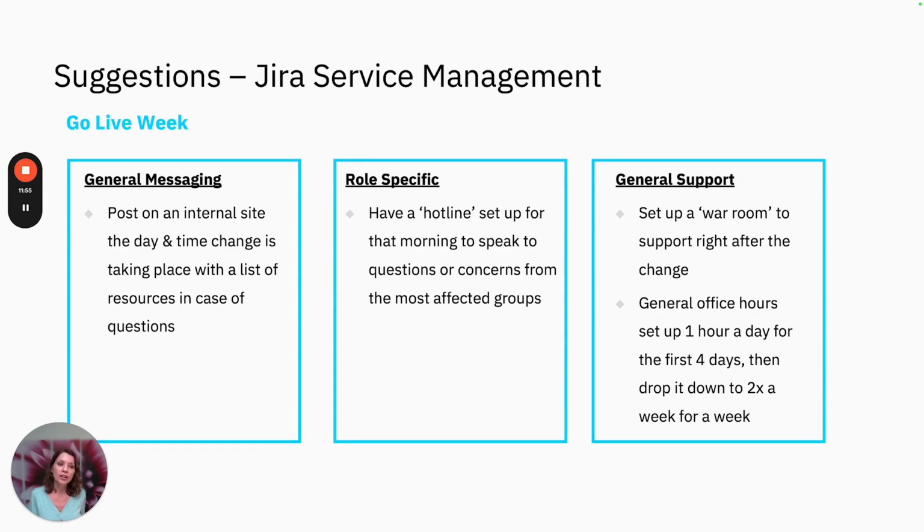And in addition to that, we often have office hours. So we have those people ready to jump on any problems that they see, but also we may hold a Zoom call, or again, depending on what your process looks like, your setup looks like, maybe even in person where people can drop in some way and ask questions.